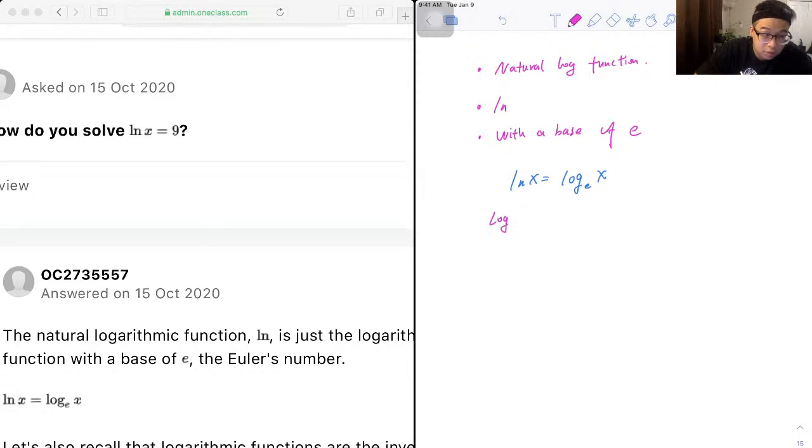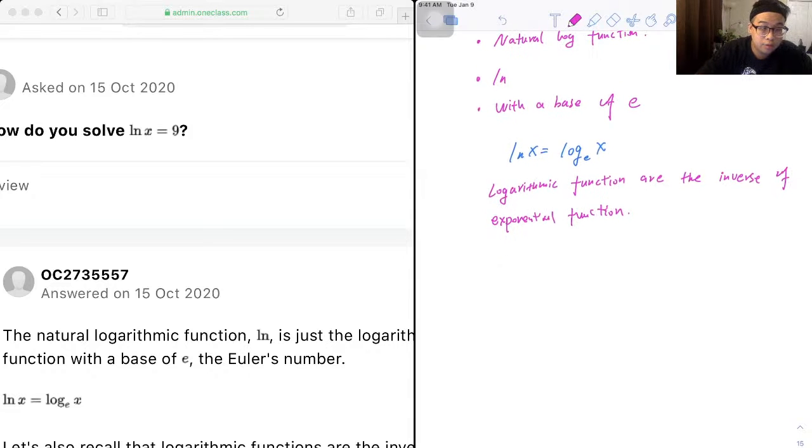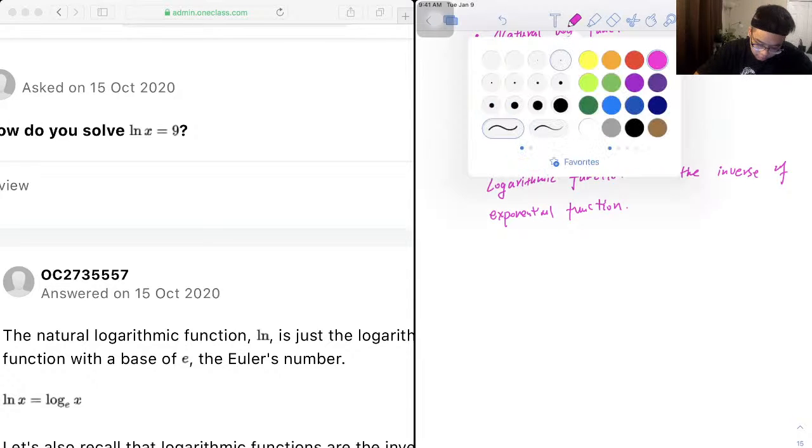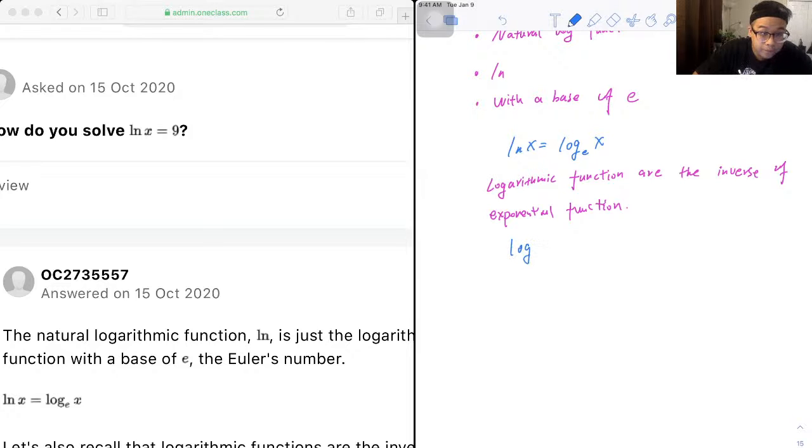Log functions are the inverse of exponential functions. Therefore, if we have log with the base a of x is equal to y, this is the same thing as a to the exponent of y is equal to x.